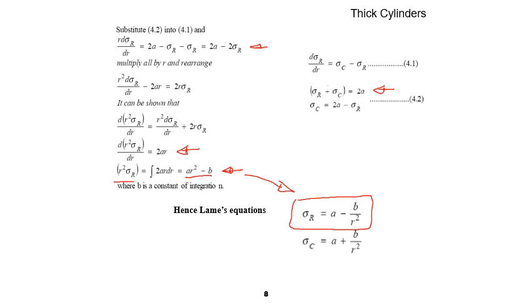Then we get sigma c is equal to a plus b over r squared. So we have two equations here. One is for radial stress equation, and the other one is for circumferential stress equation. So these two equations are called Lame's equation. We will use this equation to solve thick cylinder problems.